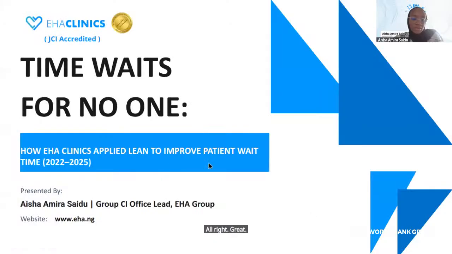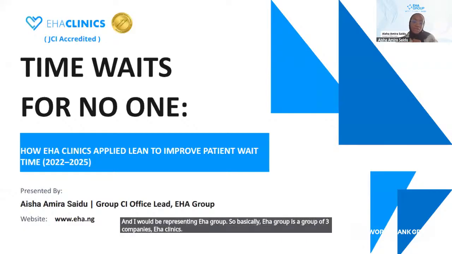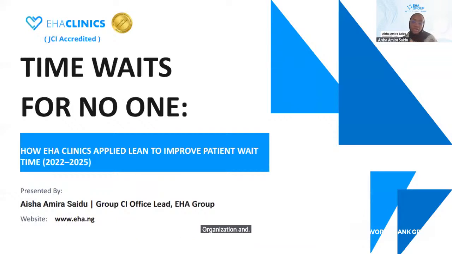So thank you once again. My name is Aisha Amira Saidu, and I would be representing EHA Group. So basically, EHA Group is a group of 3 companies: EHA Clinics, eHealth Africa organization, and also EHA Impact Ventures.